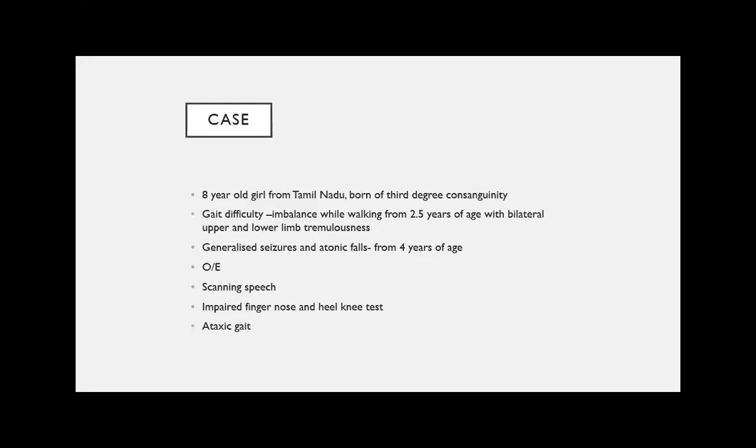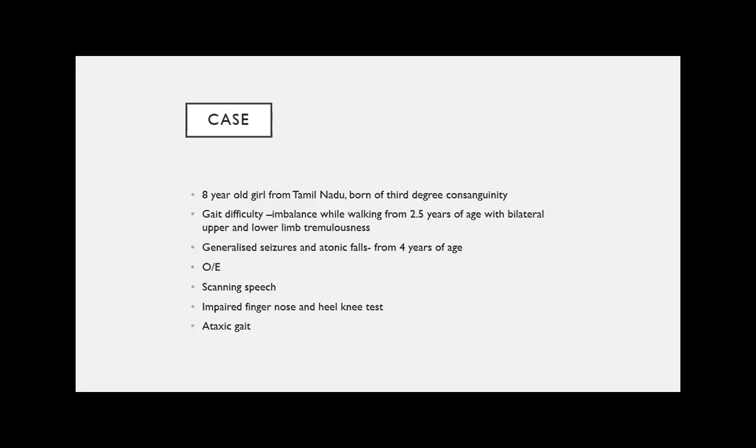and gene editing, etc. Coming to a case, this is an 8-year-old girl from Tamil Nadu, born of third degree consanguinity, who presented with gait difficulty with imbalance while walking from 2.5 years of age, with bilateral upper and lower limb tremulousness. She had associated generalized seizures and atonic falls starting from 4 years of age.